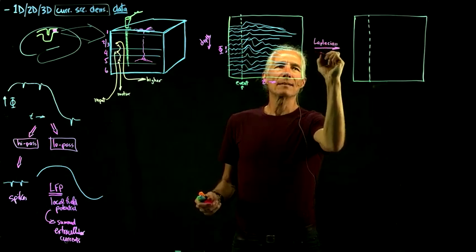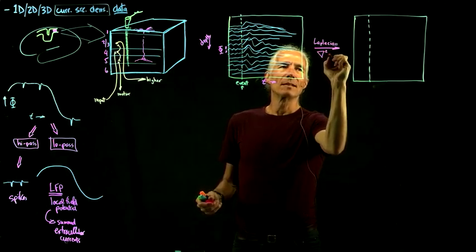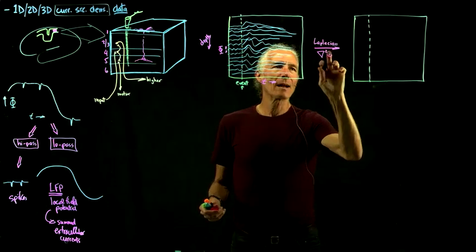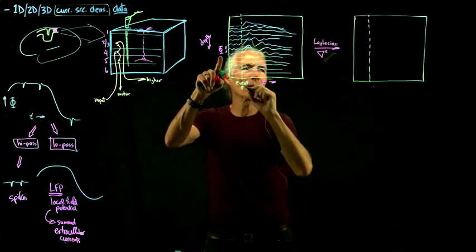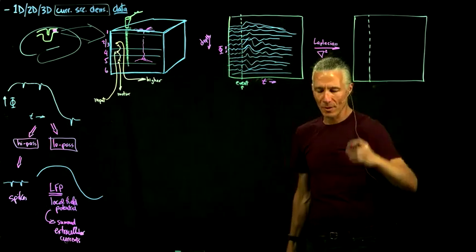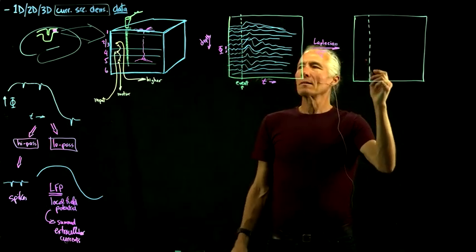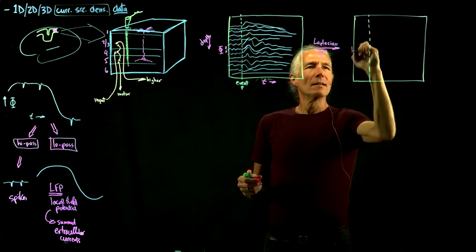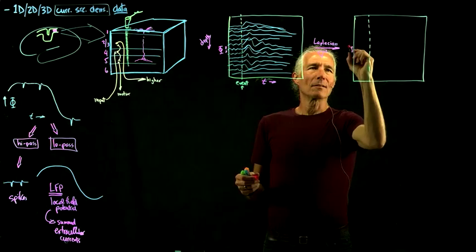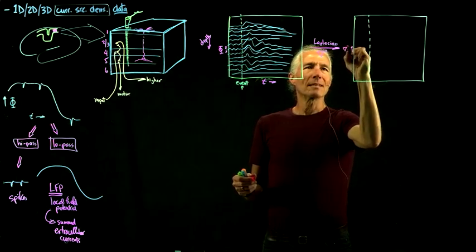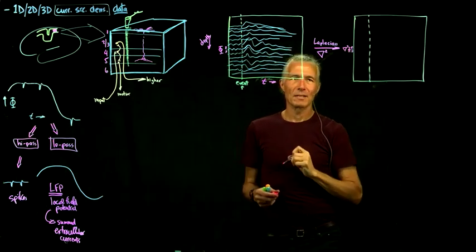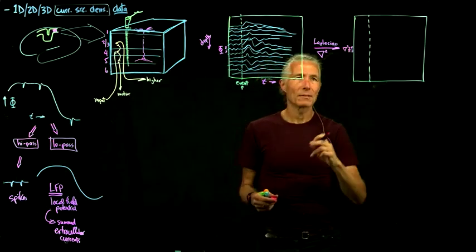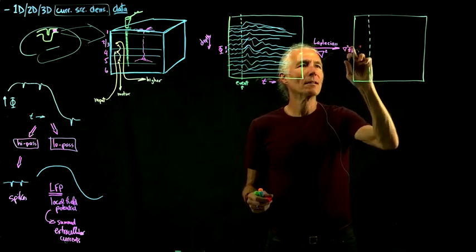And the Laplacian was the second spatial derivative. So we do that operation on the potential. So we start off with potential, and then what we end up with is a number which is the current source density, and so that's the Laplacian of the potential at that depth. So we can do that calculation for each depth.